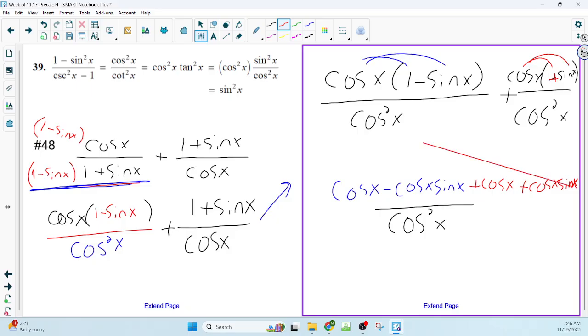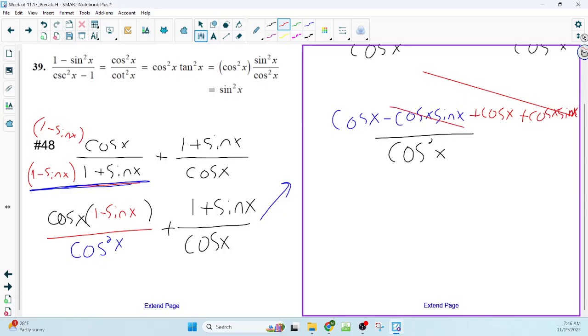That's great. So what we'll do now is we'll just cancel out the cosine sine, and we'll have 2 cosine of x on the top over cosine squared of x. And most likely the back of the book is not going to like that.